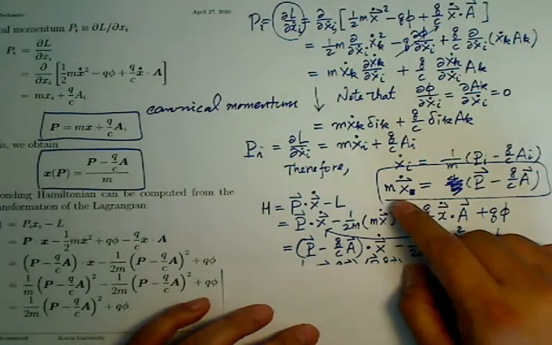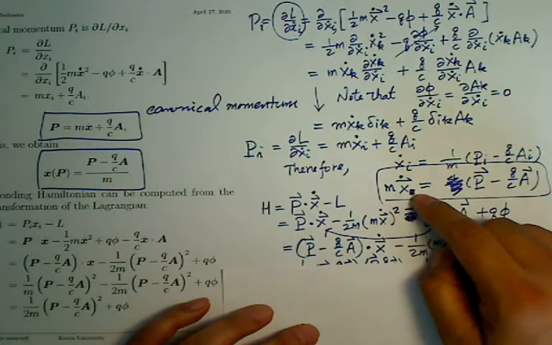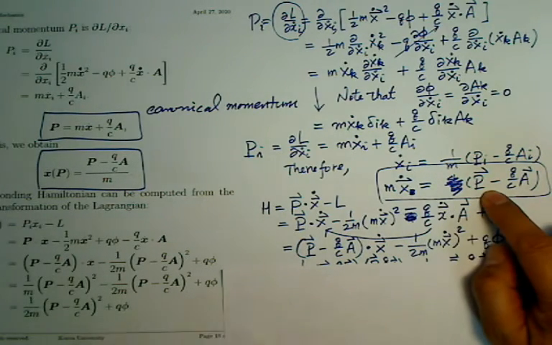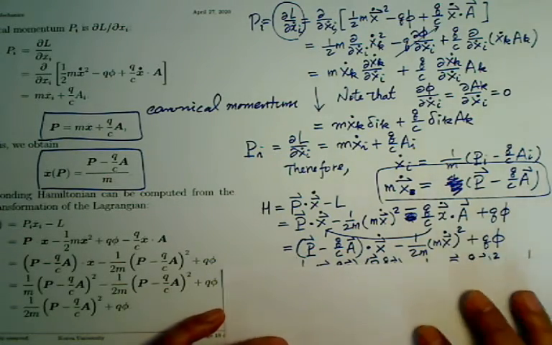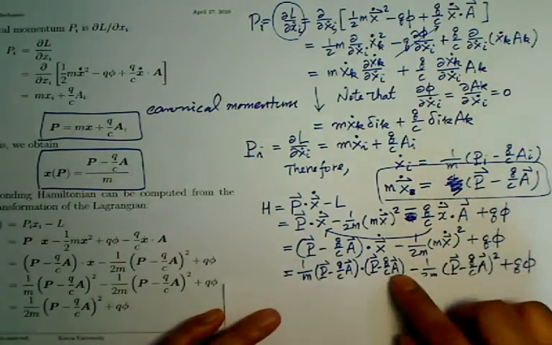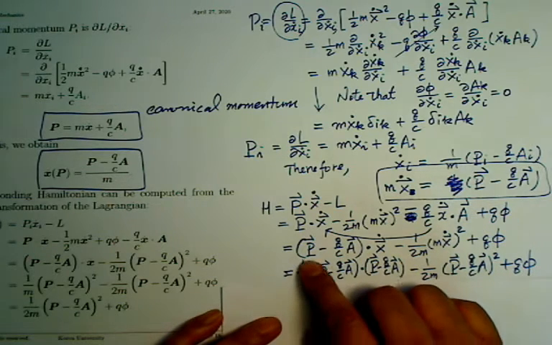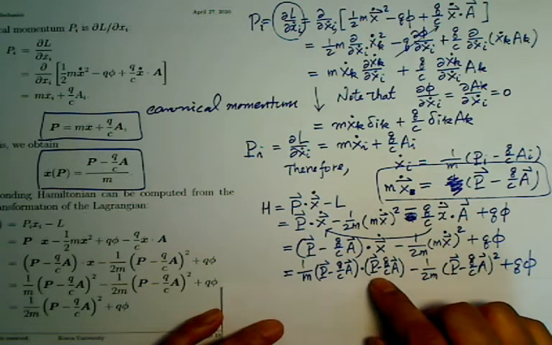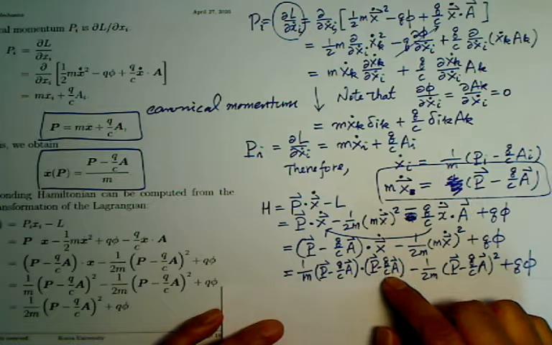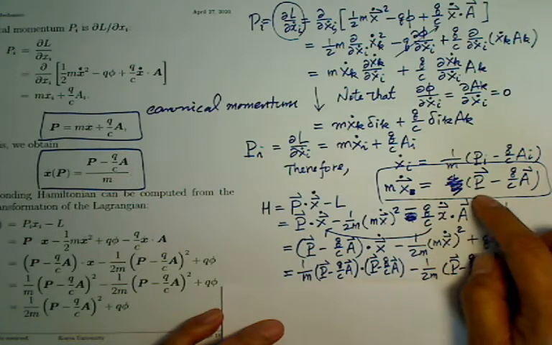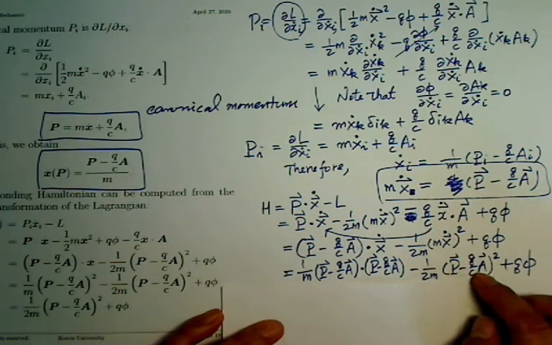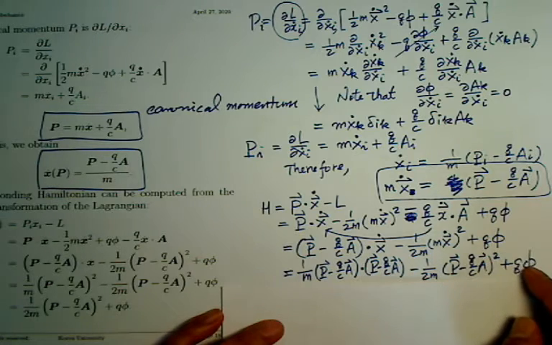Now let us make use of this one. m x dot is replaced with the momentum p minus q over c A. So this is 1 over m times p minus q over c A, and the kinetic term is 1 over 2m times p minus q over c A squared, plus q phi.